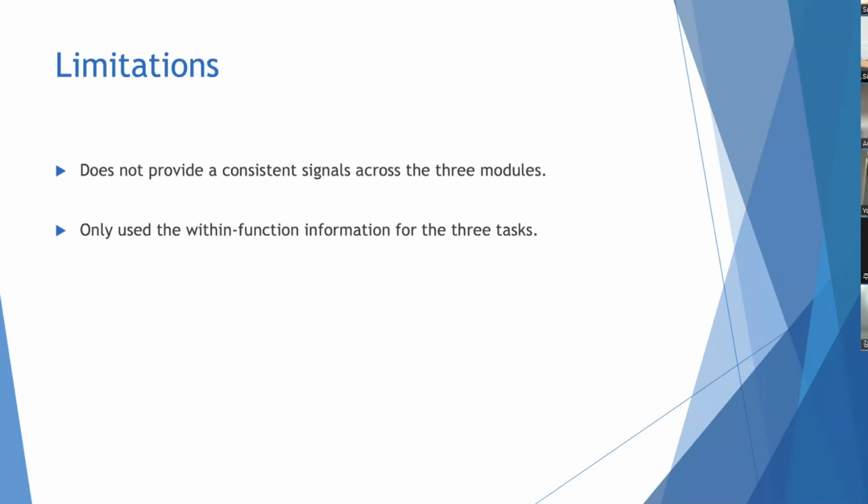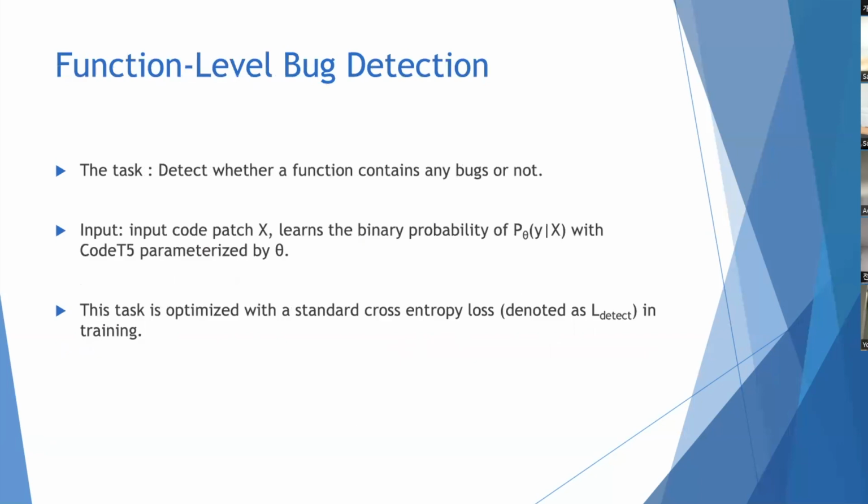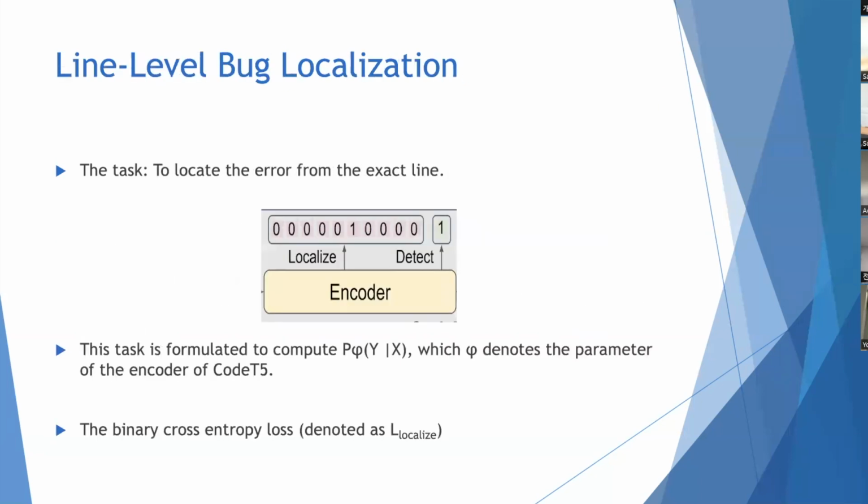The paper is all about this much. Any questions? I have a question about the line level bug localization. So line level localization is to detect the buggy line, right? Yes.